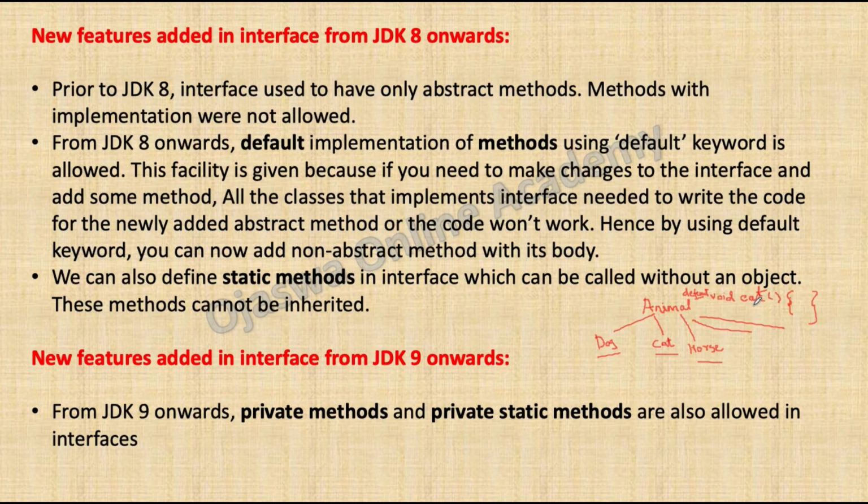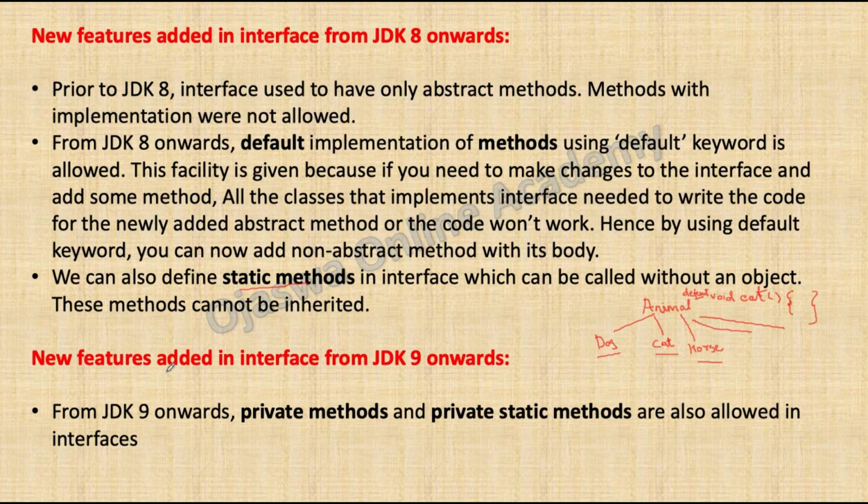Now the newly added eat method is not an abstract method, and these subclasses don't have to write code for the method and are not impacted. So because of this problem, Java came up with the solution that you can provide implementation for your method inside an interface using the default keyword. Java has also given the feature that you can define a static method. So now this eat method can also be a static method and you can provide implementation for this.